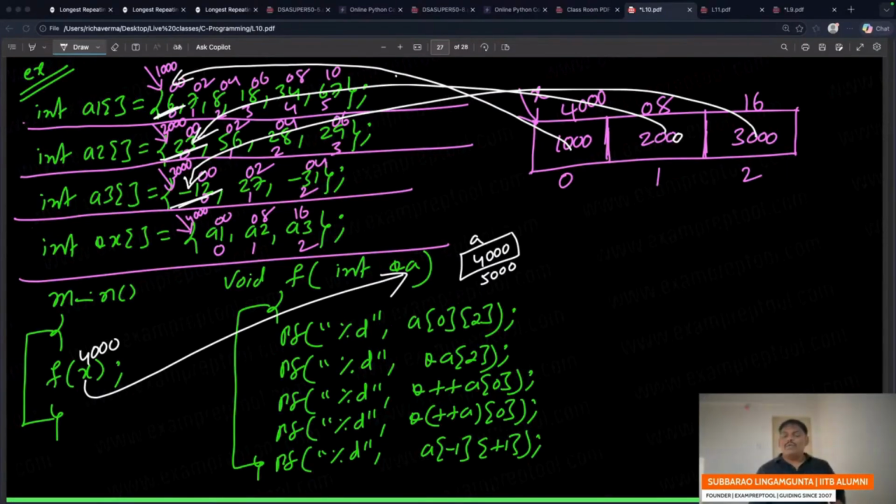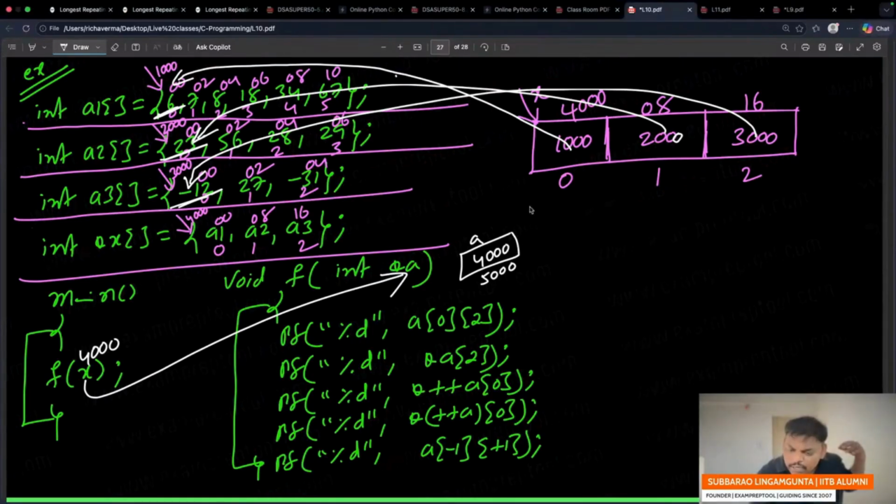And one more. If I do A plus 1, what will increase? So remember everyone, I am a pointer variable. I am pointing here. My increment is based on where I am pointing. I am pointing to 4000. One address is there. Address is 8 bytes.